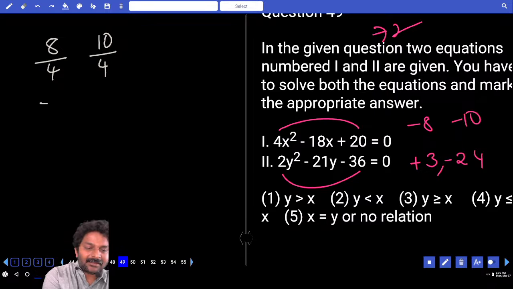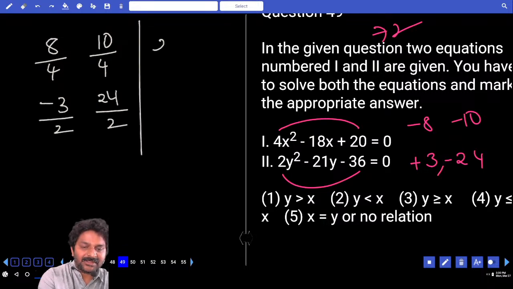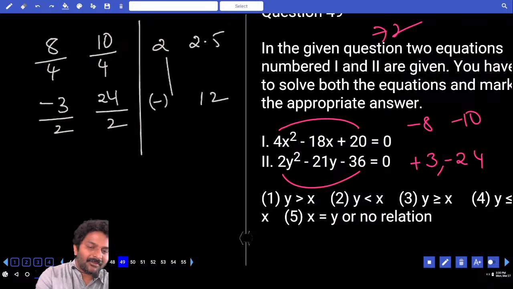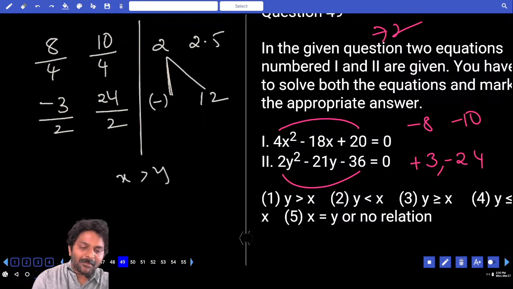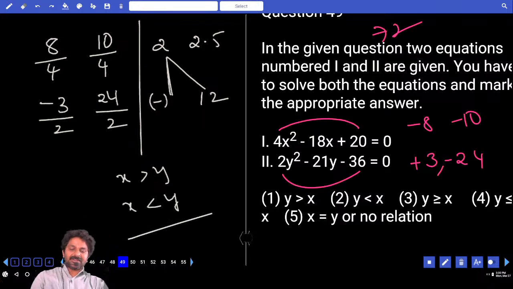Then factors are minus 3 plus 24 divided by 2. So first one, this is 2.5. This is a negative number, don't care about it. And this is 12. 2 comma negative number, x greater than y. 2 comma minus 12, x less than y. Whenever you get less than, greater than, relation cannot be established.